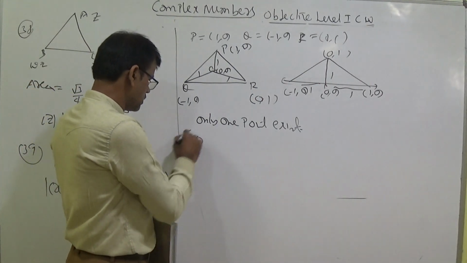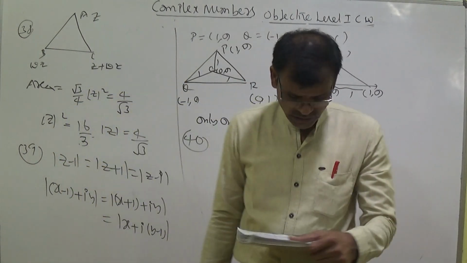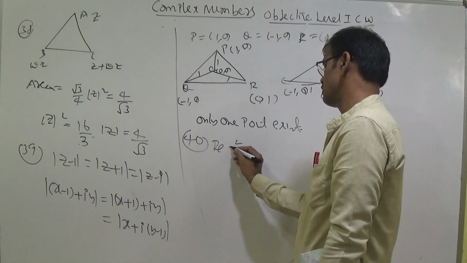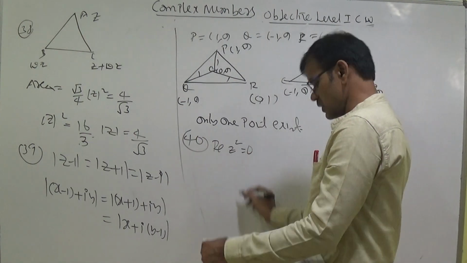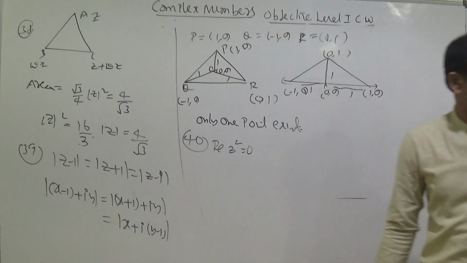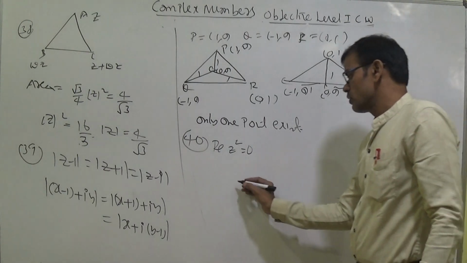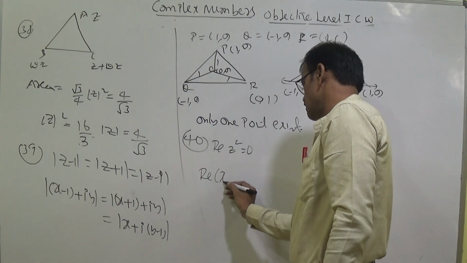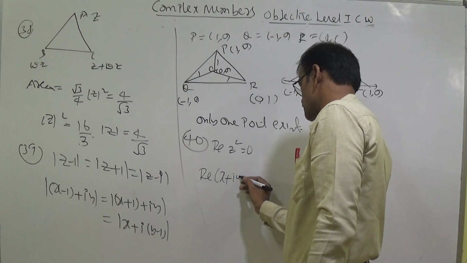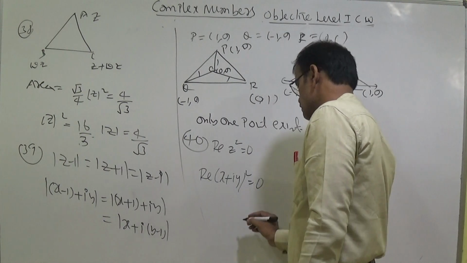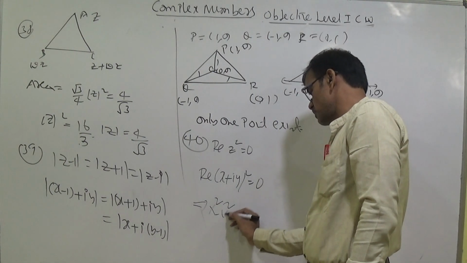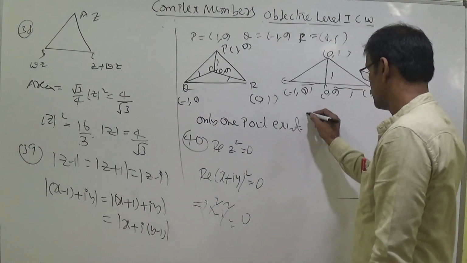Next, 40th question. Real of z square is equal to 0, then what is the locus of z? Real of x plus iy whole square equal to 0. That implies x square minus y square is equal to 0.